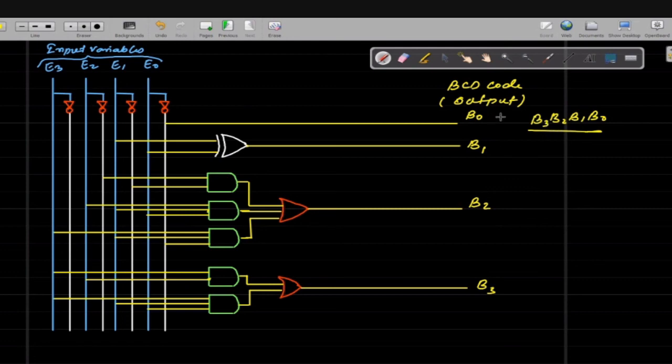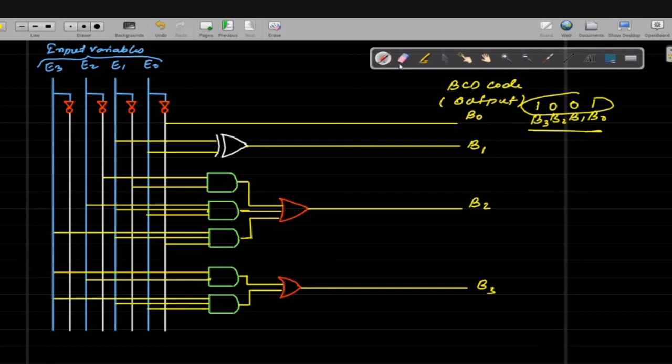Then, for example, if a bulb glows over B0, then you will write 1. If it does not glow, you will write 0. Then you have to completely read this corresponding to the input variables which you provide by the switching input methods.